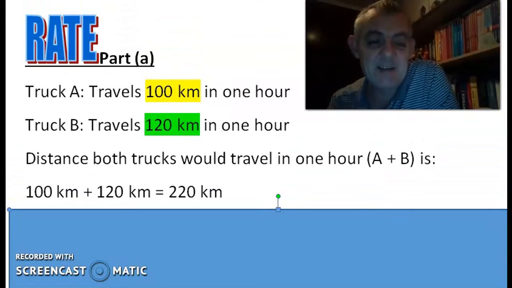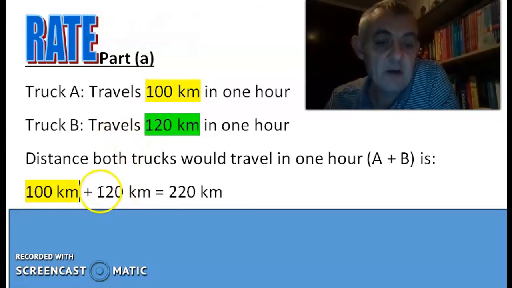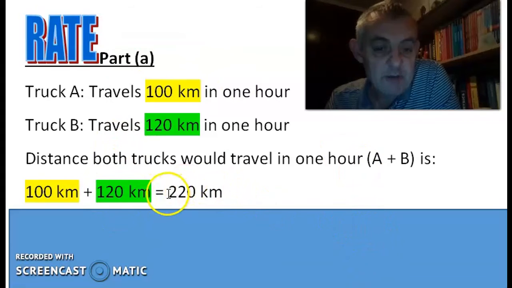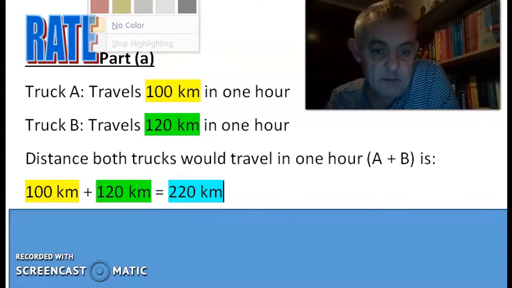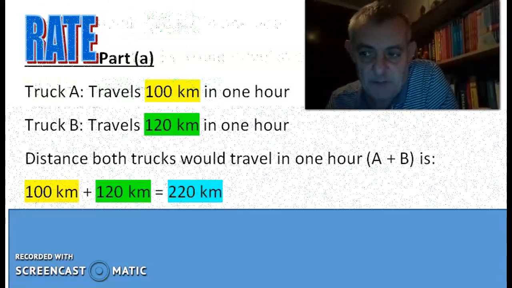So you add the distance that they could travel together. Truck A can travel a distance of 100 kilometers. Truck B can travel a distance of 120 kilometers. So the total distance that the two trucks together could travel is 220 kilometers.